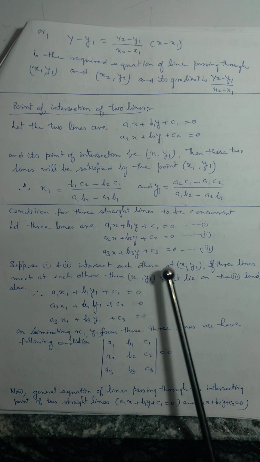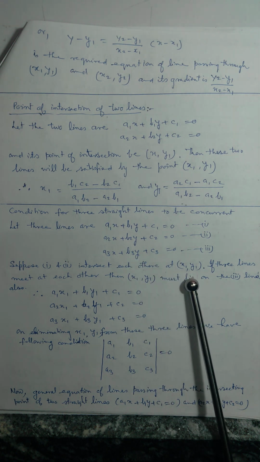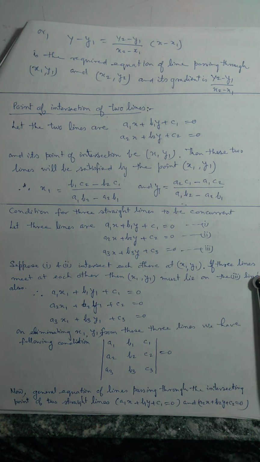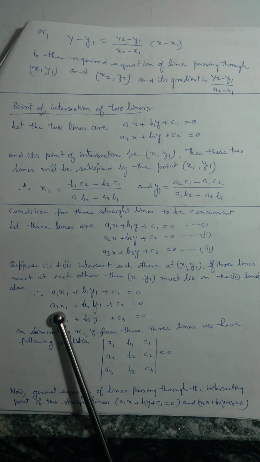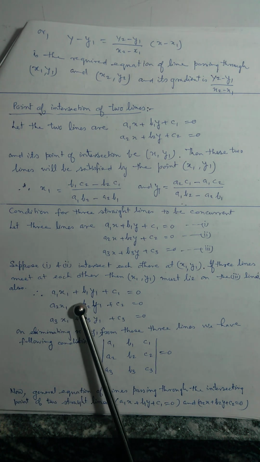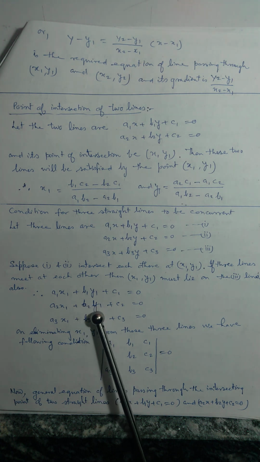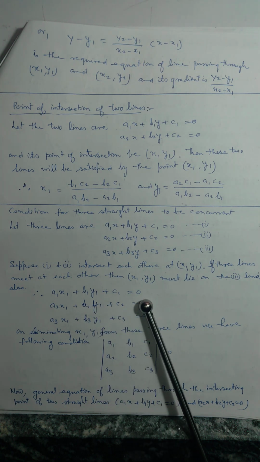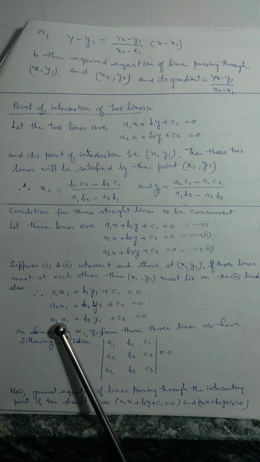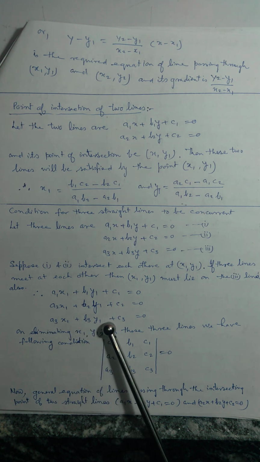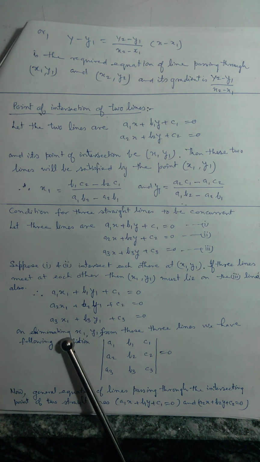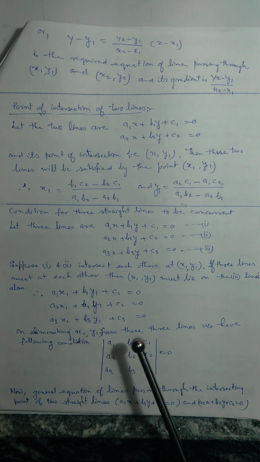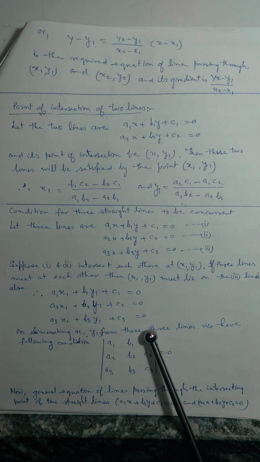Means the point of intersection of the first two must also lie on the third line. So you see, a1 x1 plus b1 y1 plus c1 equal to 0, a2 x1 plus b2 y1 plus c2 equal to 0, a3 x1 plus b3 y1 plus c3 equal to 0.